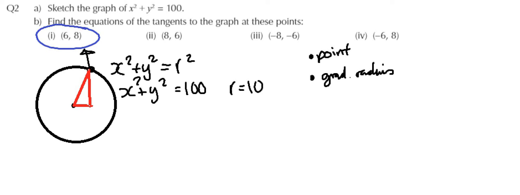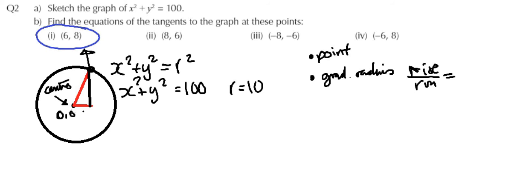Now remember, the gradient is rise over run. My triangle goes up, but this is 0, 0, because that's our center, and this is 6, 8.